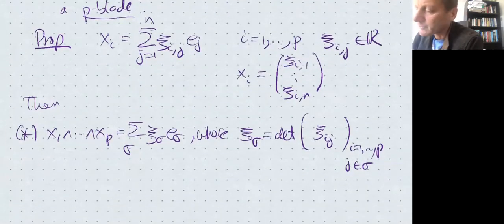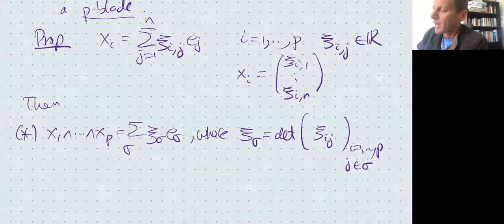From now on, determinants are going to play a very prominent role in what follows. This is a p by p matrix. We have the p indices of the vectors x_i, and the p indices in sigma.